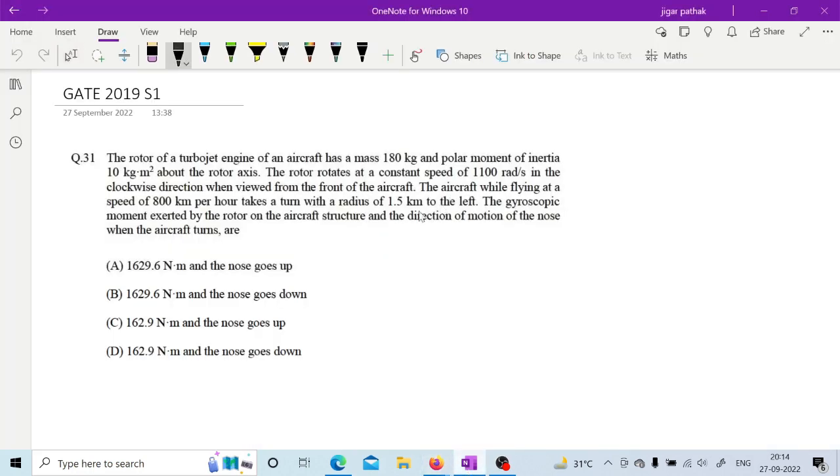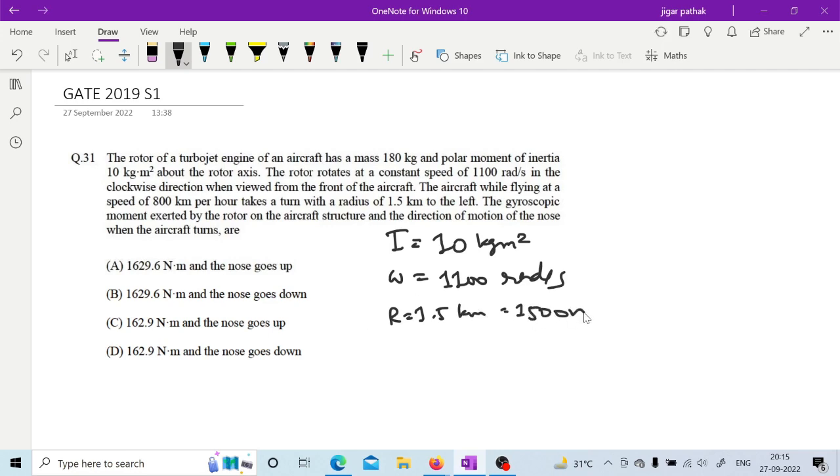So once you consider this I as 10 kg meter square, and then omega is given as 1100 radian per second, then R is given as 1.5 kilometer, that will be 1500 meter, and what else is given?